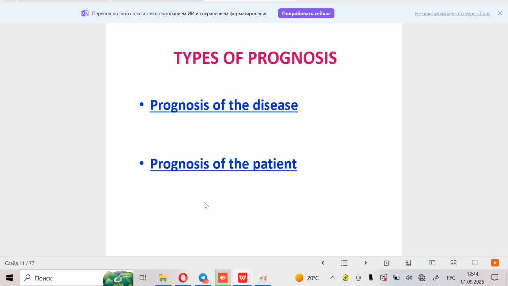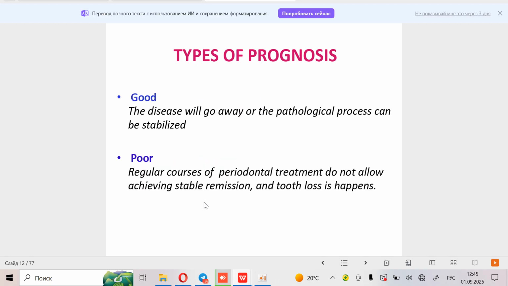There are 2 types of prognosis: prognosis of the disease and prognosis of the patient. Sometimes the prognosis of the disease and prognosis of the same patient may not be the same. Sometimes they are similar. There are 2 types of prognosis: good and poor.